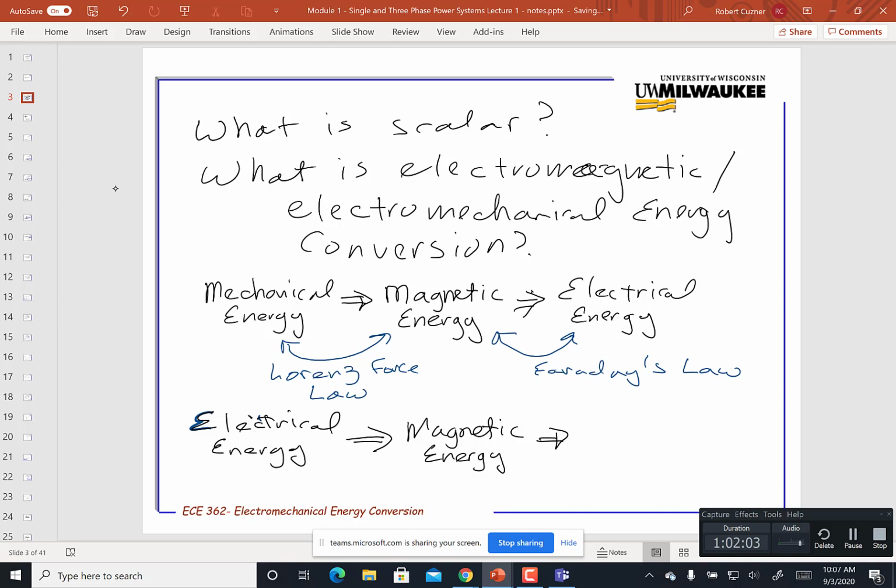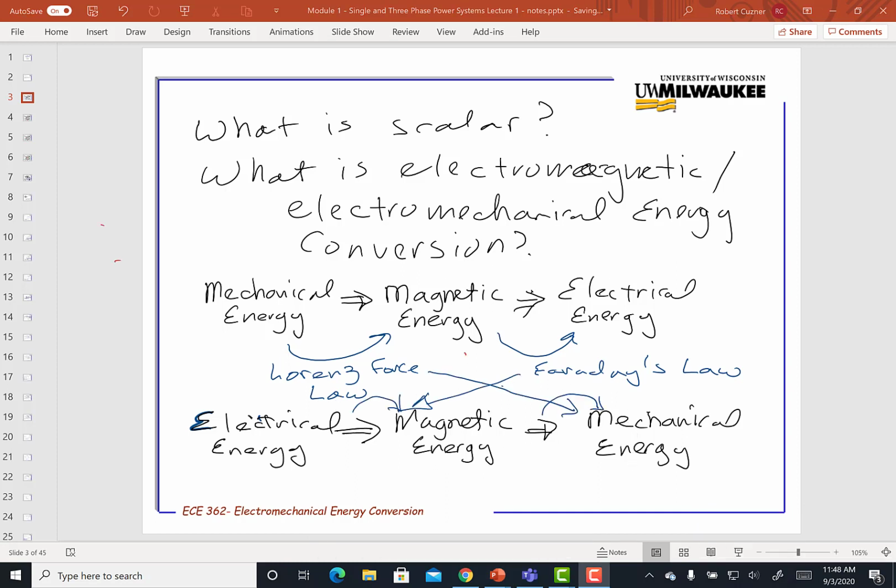And the magnetic energy can then be used. We can go essentially the other direction and come up with mechanical energy. So you can go both directions. Again, these laws apply in both ways, that bridge these gaps, right?